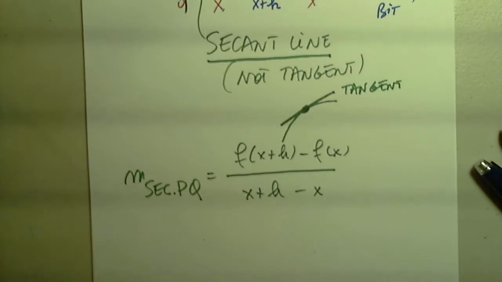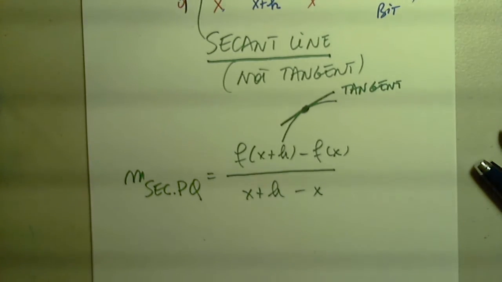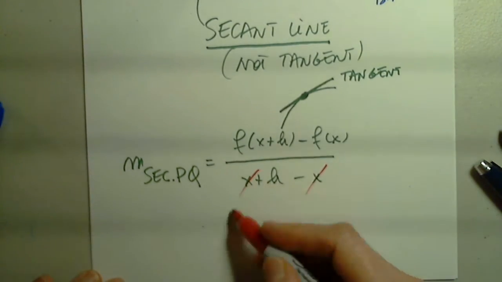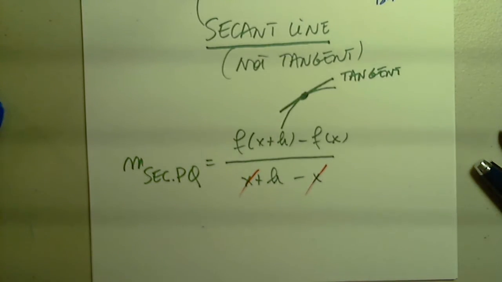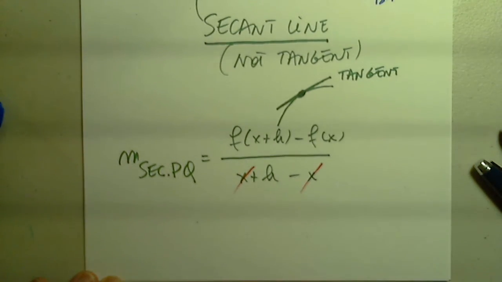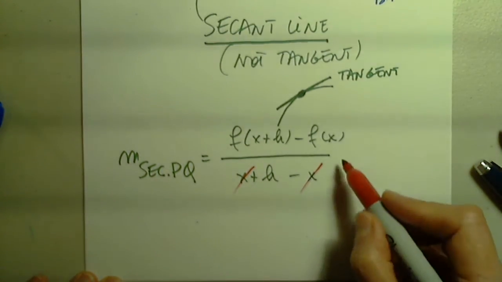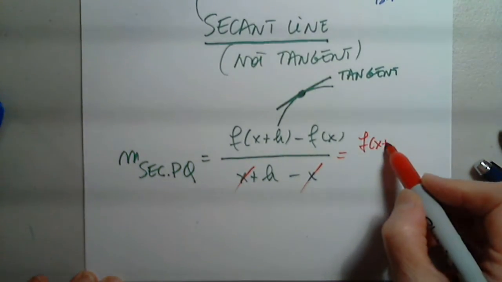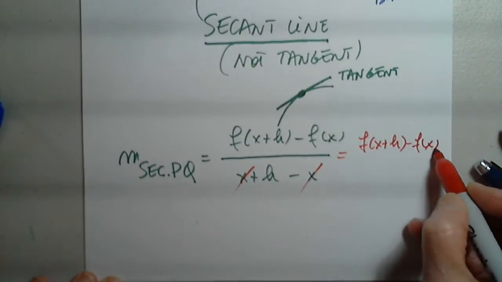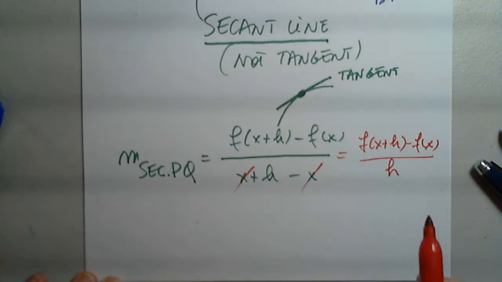So by simply looking here, can you simplify it a little bit? And tell me how. On the denominator, the x's cancel each other out. There is only one denominator. So these two go away. And this is f of x plus h minus f of x divided by h.